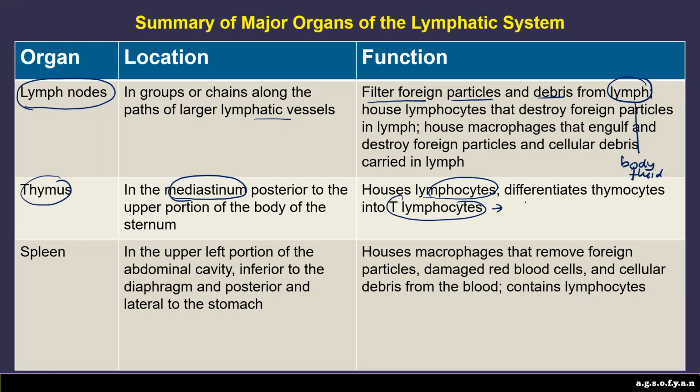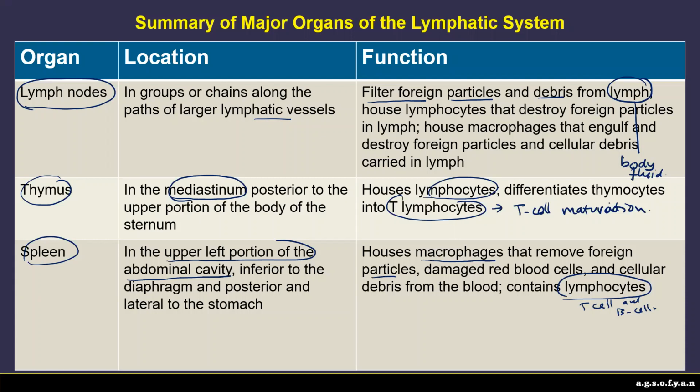So this is the place for T cell maturation. The spleen is in the upper left portion of our abdominal cavity, and houses macrophages to remove bacteria or foreign particles, and also contains lymphocytes, T cell and B cell.